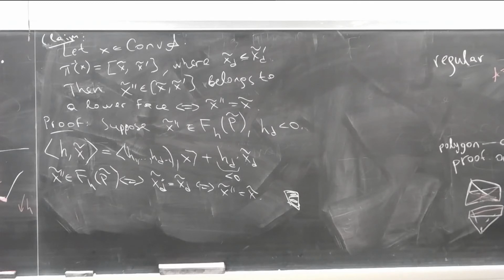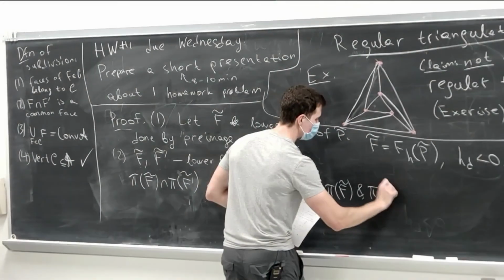Then y is... well, what I actually want to show is, because this subdivision is obtained by projecting down, we want to show that the projection, the intersection of the corresponding two faces downstairs, is a common face of phi of f tilde and phi of f tilde prime.